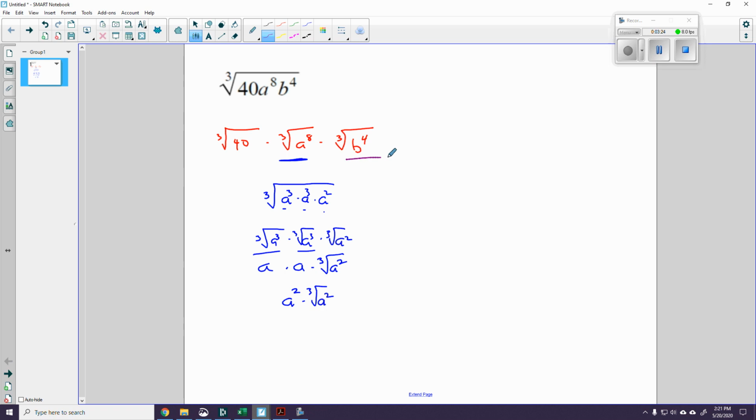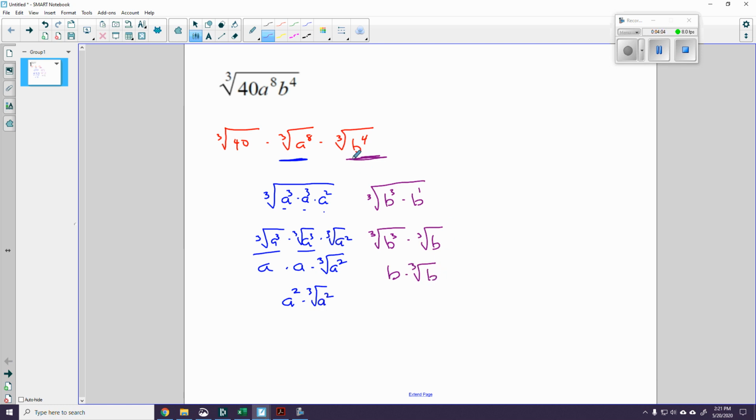Let's look at this piece over here. I am going to divide that up into the cube root of b cubed times b, which is like b to the first, because if I'm multiplying with the same base, I add the exponents, so 3 plus 1 is 4. Using the product property, I get the cube root of b cubed times the cube root of b, and that gives me b times the cube root of b.